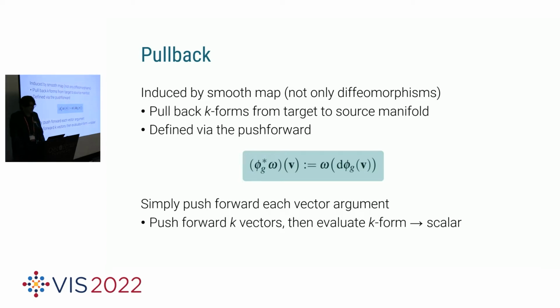And what happens is quite intuitively defined: we take a vector as an input and map this vector via our push forward to a new vector in a different tangent space, and then evaluate the one-form in this new tangent space. So this here would be the one-form.